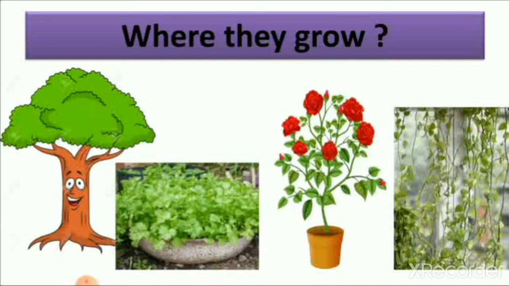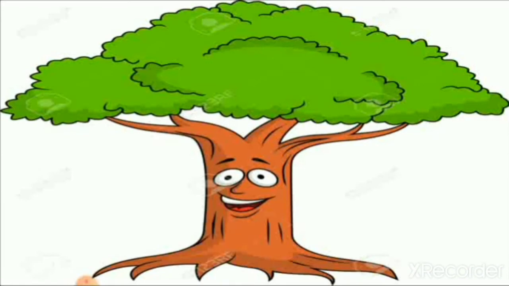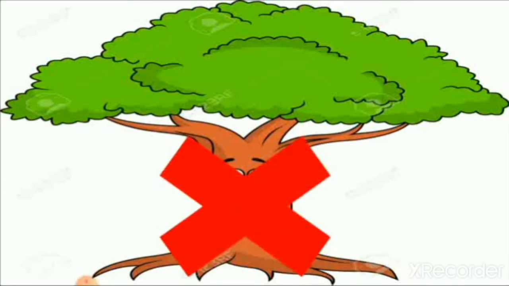Let's see. Here is a tree. So you can imagine a watermelon tree. Does watermelon grow on a tree? No. Watermelon does not grow on a tree. Why? We learn today why watermelon cannot grow on a tree.